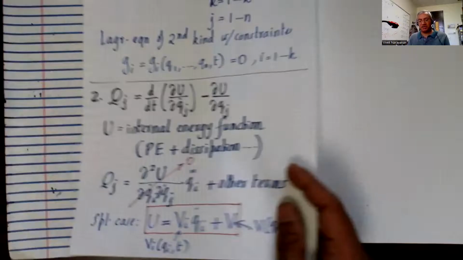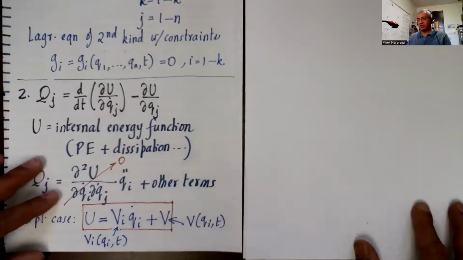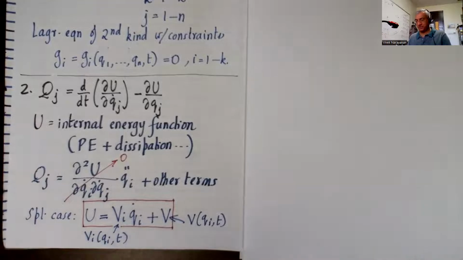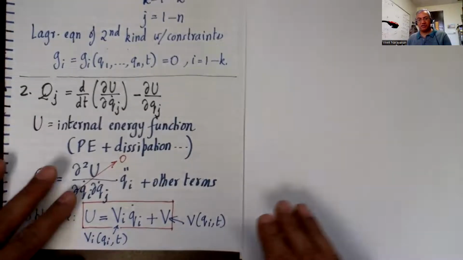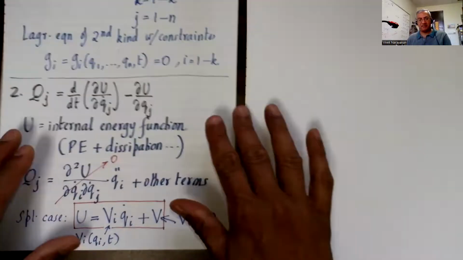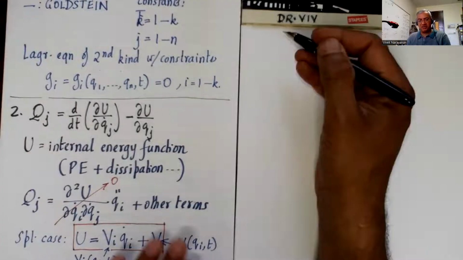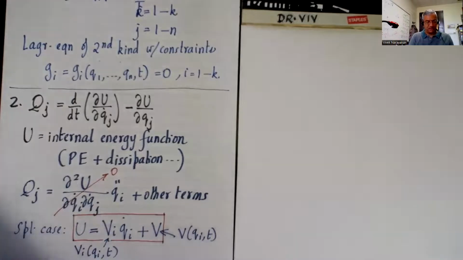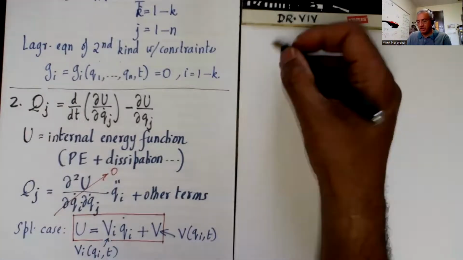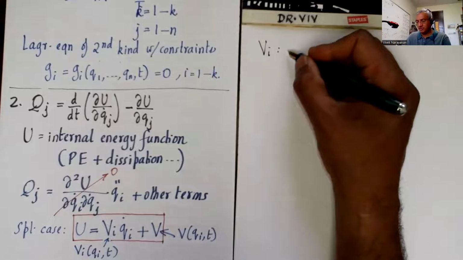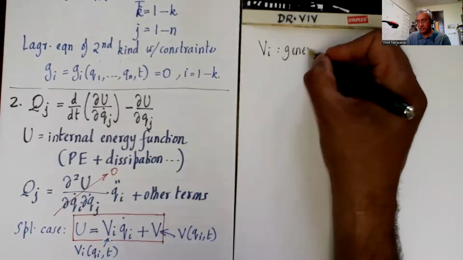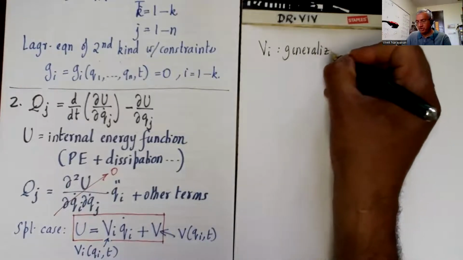All right, so now let's focus on this function. There are names given to Vi and V because they are so important. Vi is called the generalized vector potential.